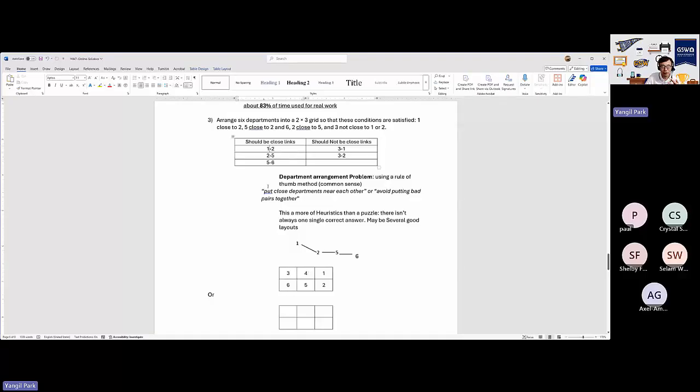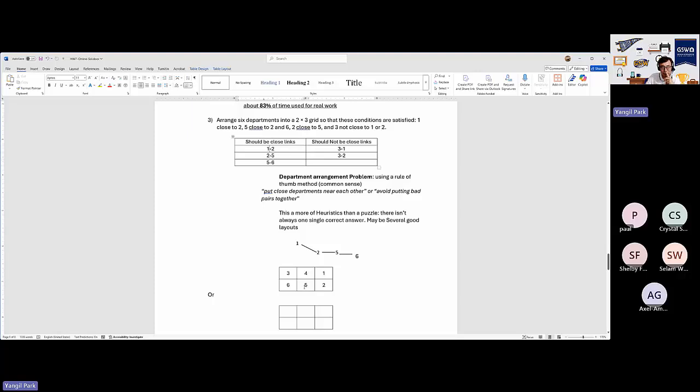So the most frequently appearing numbers here are 2 and 5. So I put them in a corner. Right? So 2 is here, 5 is here. Since 2 is here, I put 1 above.